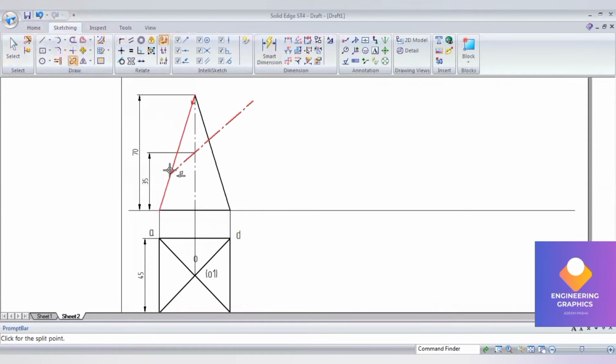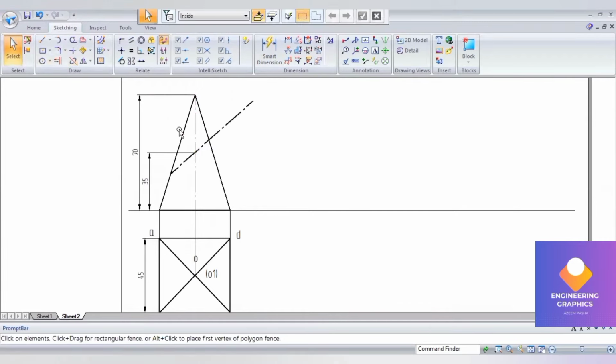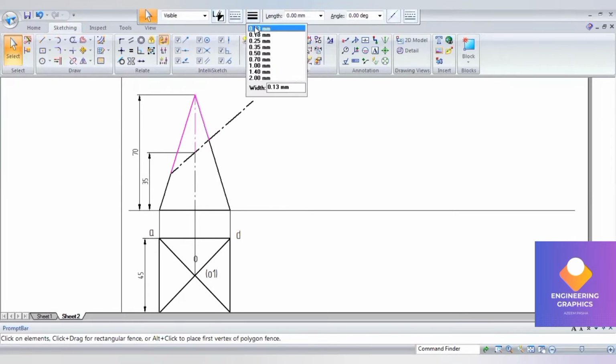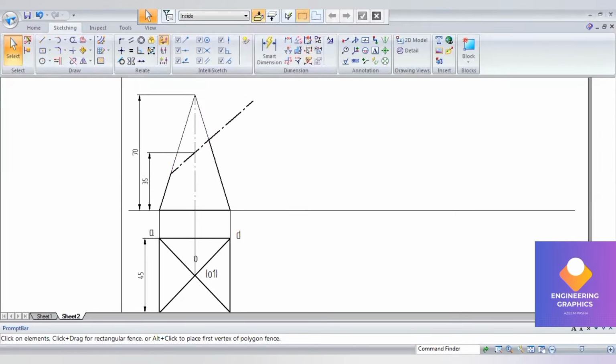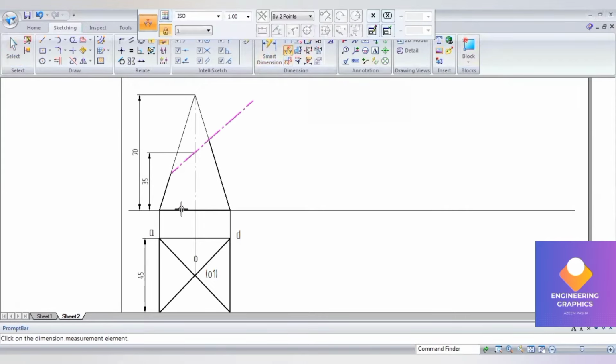You can split that upper portion now. The angle also we can show, that is 40 degrees.